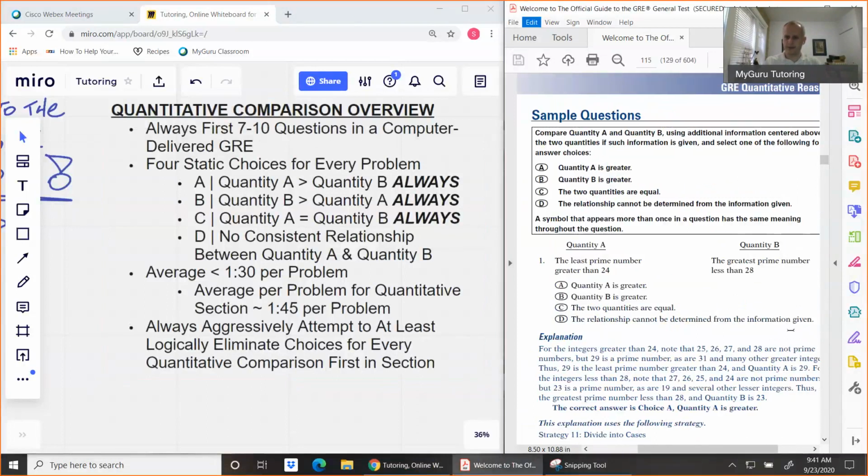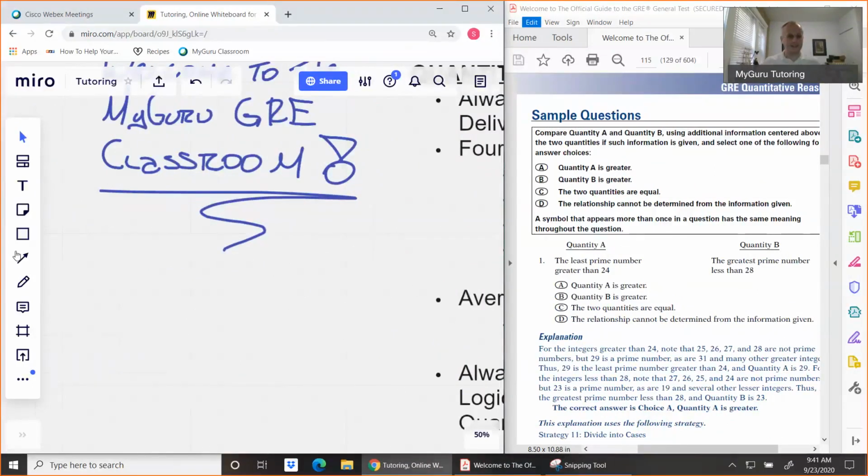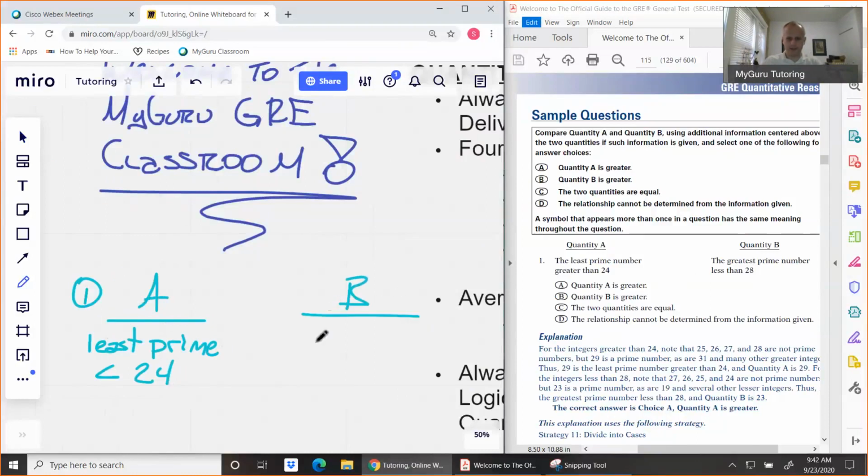Perfect. Whenever you start with a quantitative comparison, you want to first set up the scratch pad. So we're going to have question 1 here. Quantity A is just going to be listed out as the least prime less than 24, and quantity B is the greatest prime less than 28.